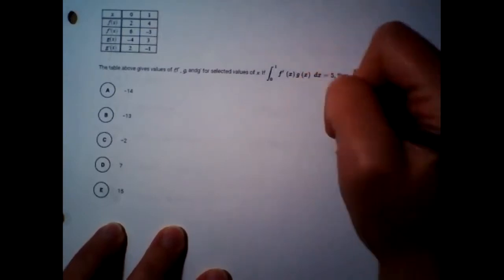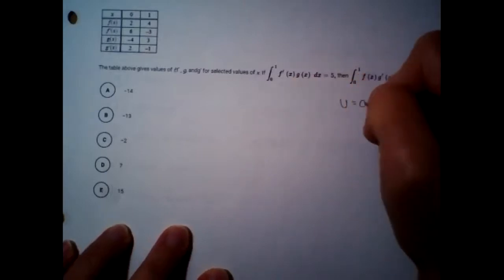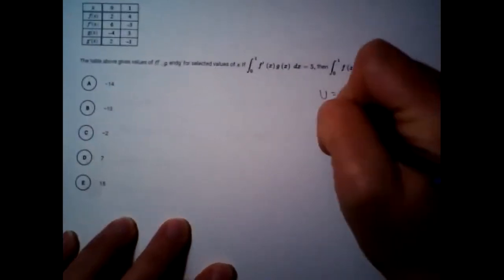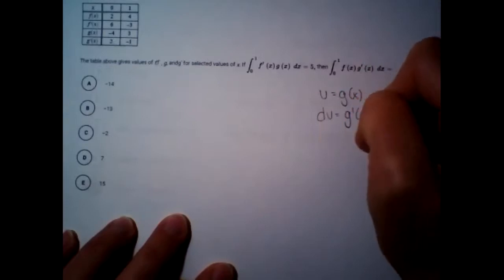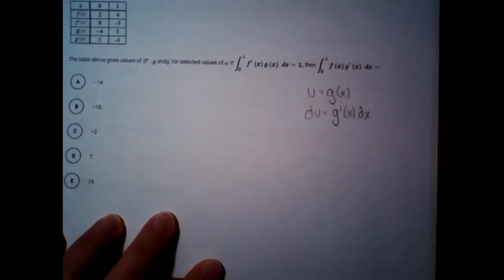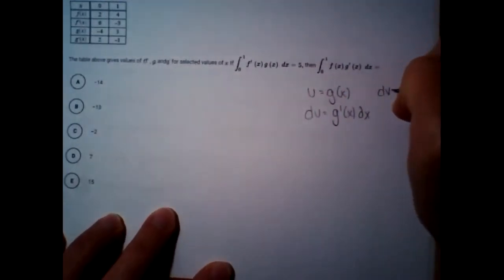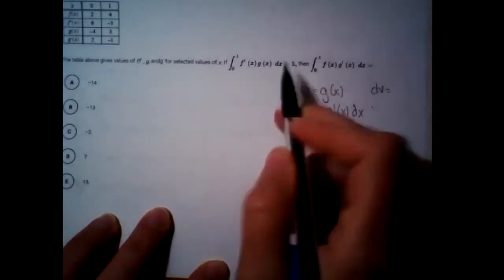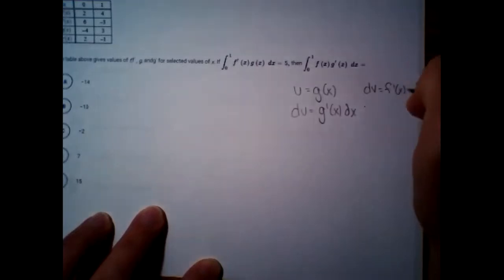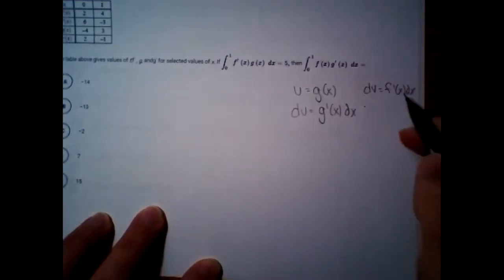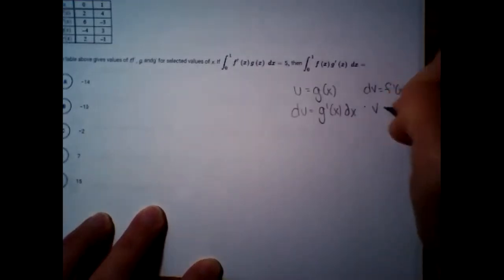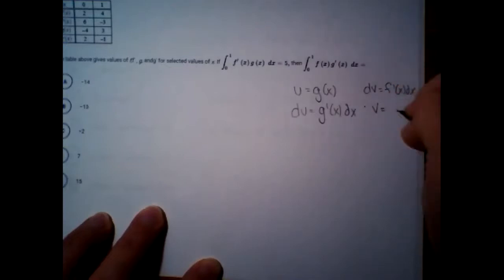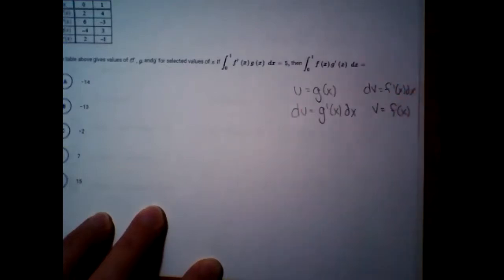So we're going to let u equal g of x, so that derivative would be g prime. And we're going to let dv equal f prime of x dx. I don't have a space there, because I can do that antiderivative. The antiderivative of f prime would just be f of x.